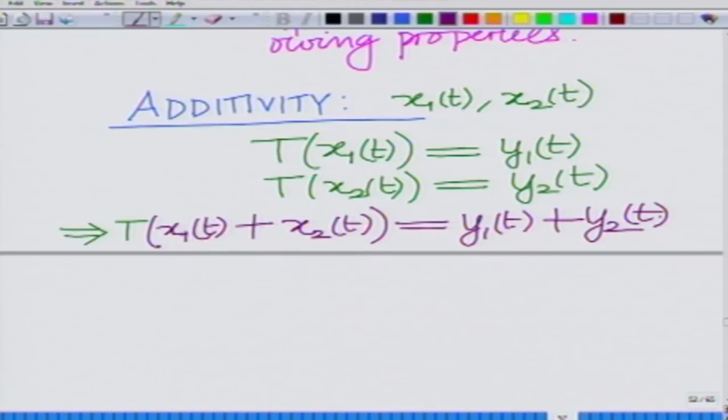That is, if x1(t) produces the output y1(t), x2(t) as input produces the output y2(t), then x1(t) plus x2(t) produces the output y1(t) plus y2(t), and this is true for all possible inputs x1(t) and x2(t), the system is said to be additive.